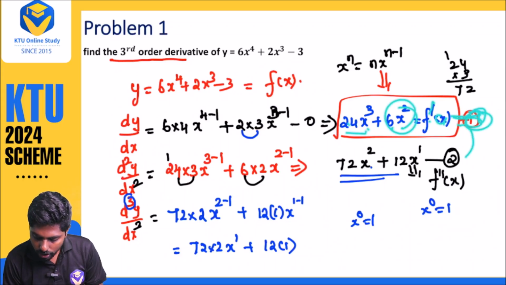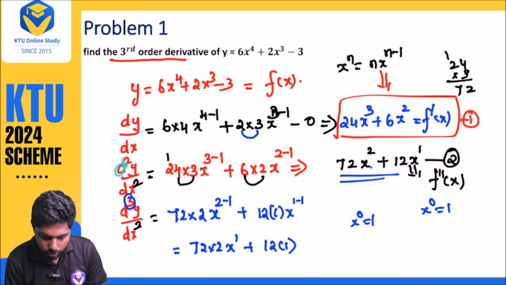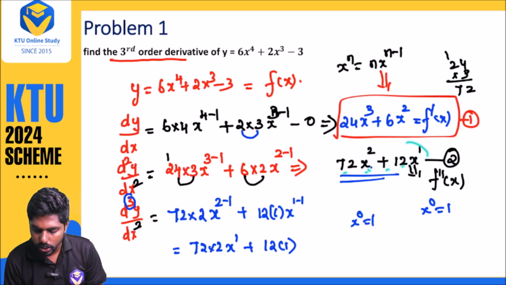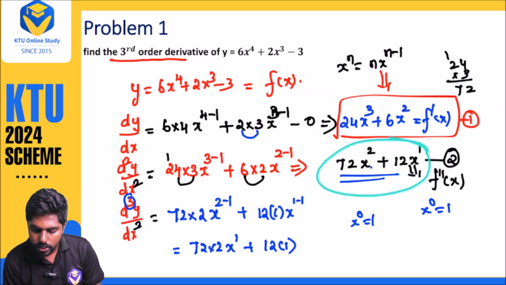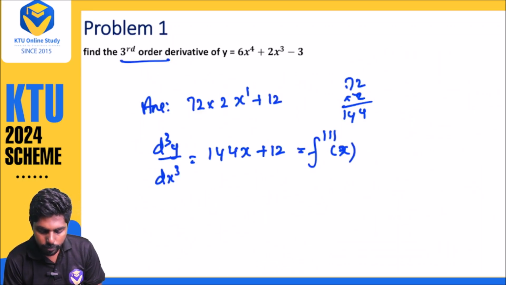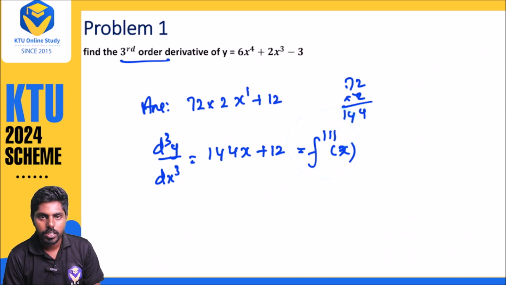Differentiating again, d square y by dx square is 72x square plus 12x. For the third order derivative, we differentiate equation number 2 again and get the required answer, 144x plus 12. This is the third order derivative.